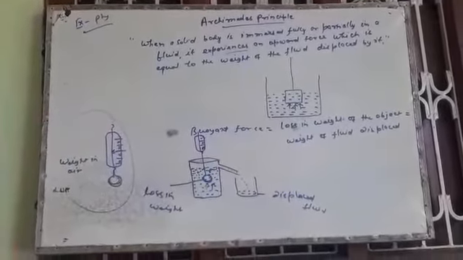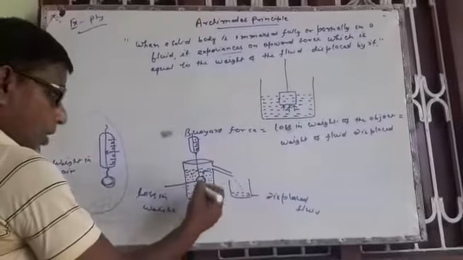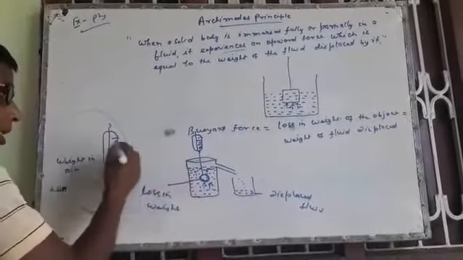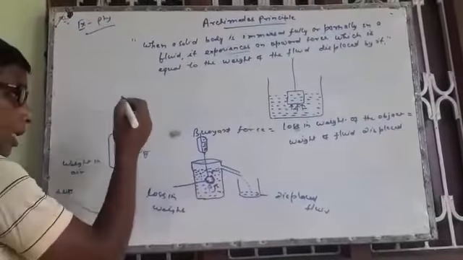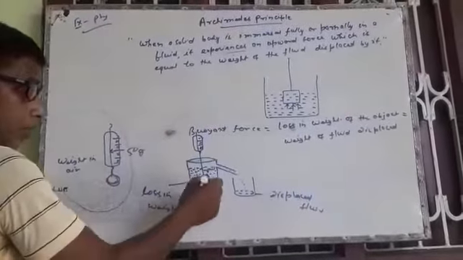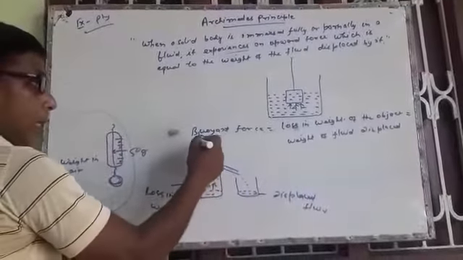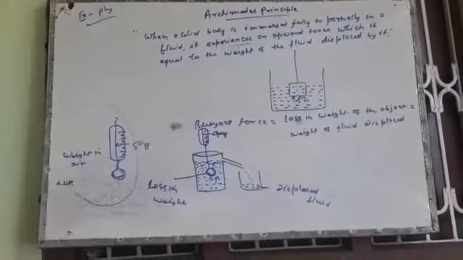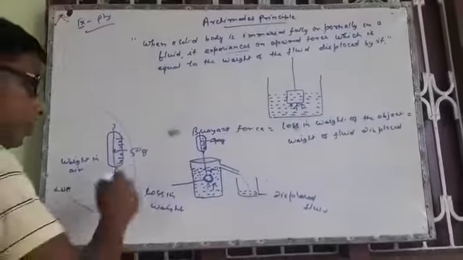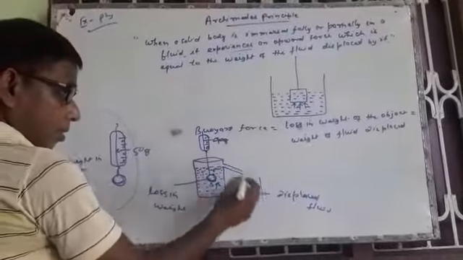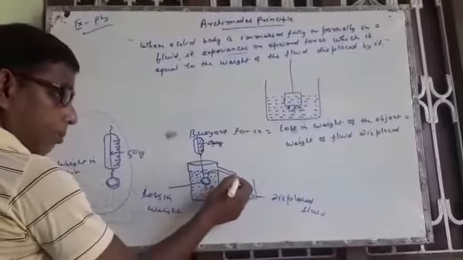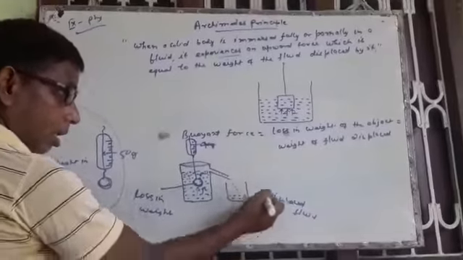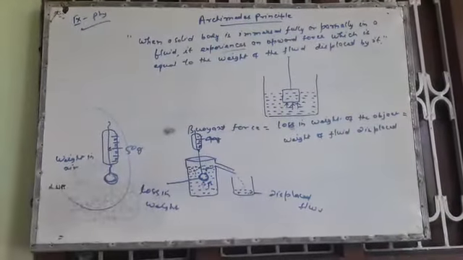It is found by experiment. What was the weight earlier? Suppose it was earlier 50 grams. Suppose that when we dip it in water fully, it becomes 40 grams. Less. 10 grams loss in the weight of the object. And the liquid displaced by that solid is collected in another beaker or container.